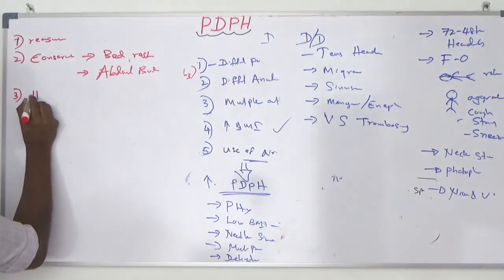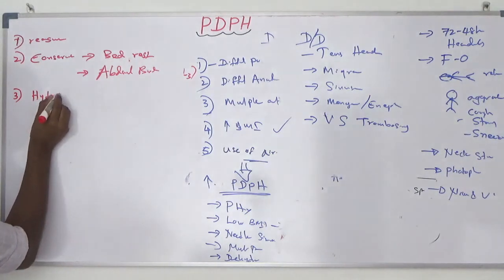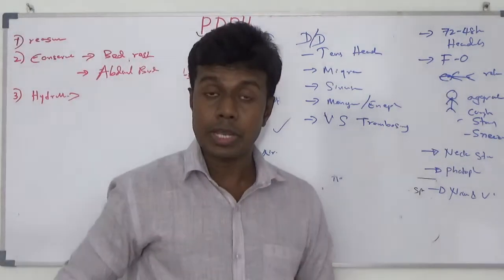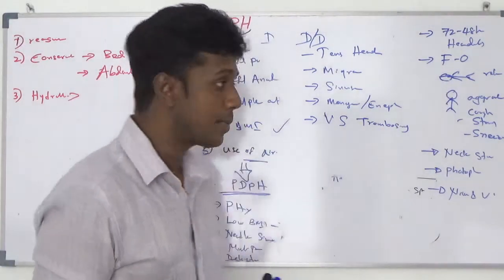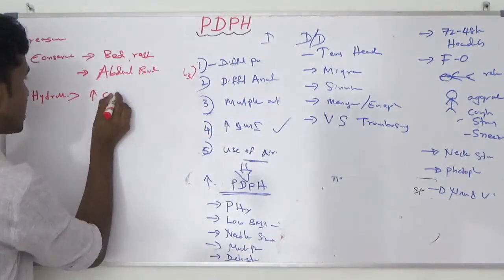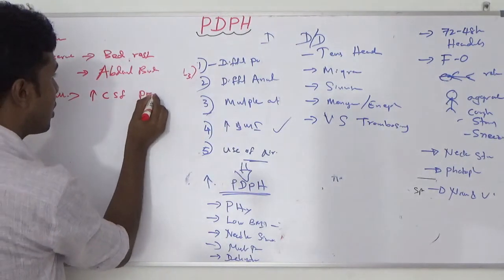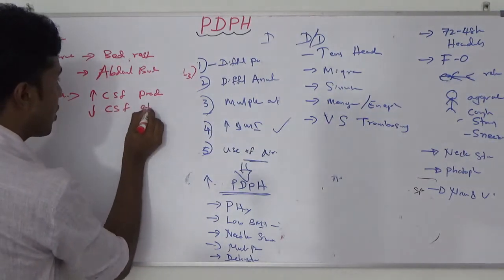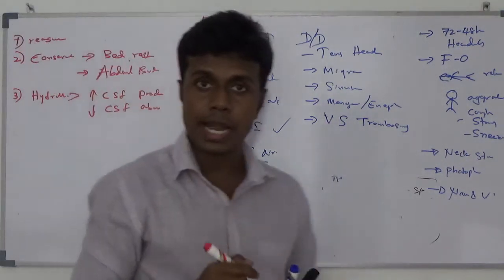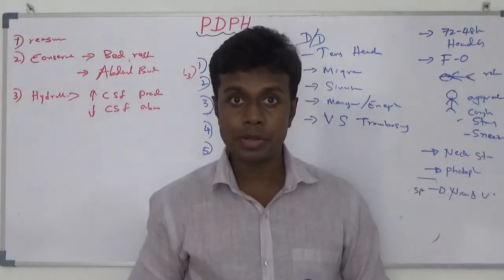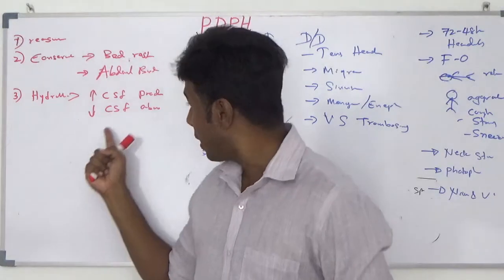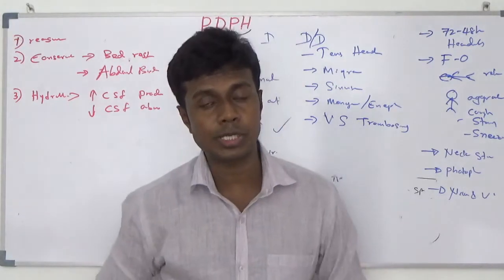Then hydrate your patient well. If you hydrate well, it will improve your CSF production, increase CSF production, and reduce CSF absorption. CSF production is an active process done by your choroid plexus mainly. CSF absorption is a passive process.